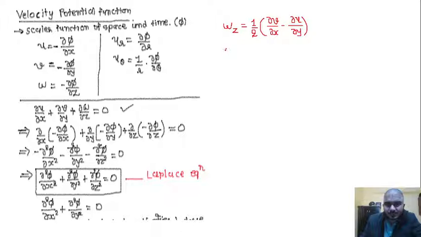Then let's say we have omega y. We are beginning with y direction, so the next direction should be z, and the remaining direction is x.